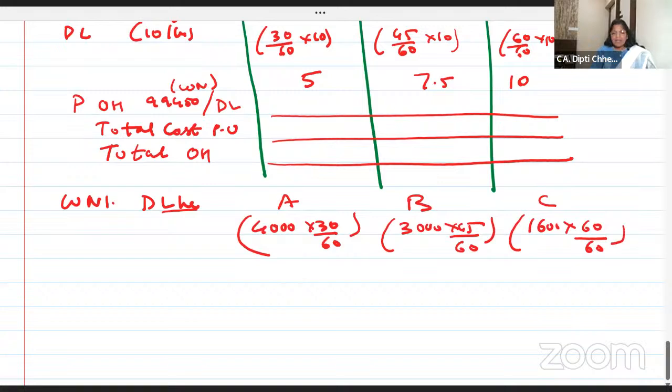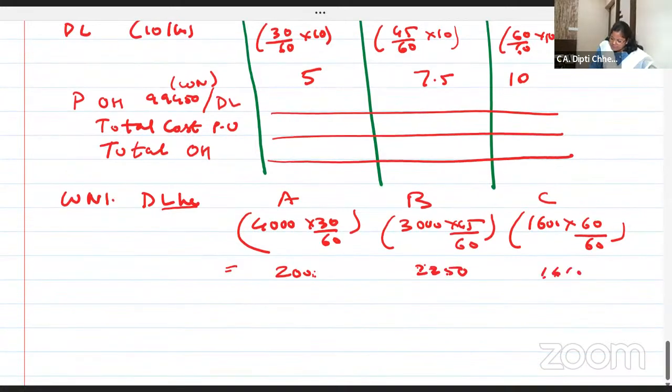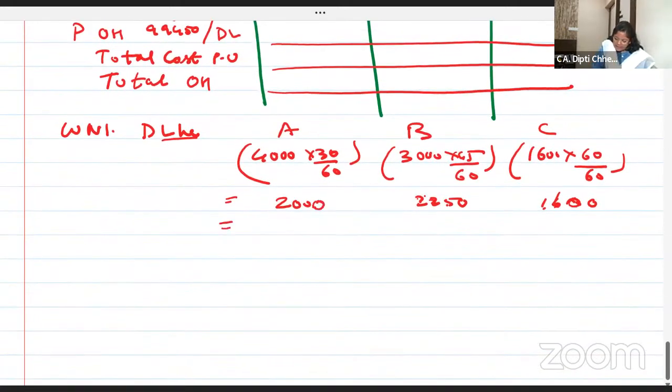Are you all with me? One unit requires 60 minutes by 60 hour, meaning 1 hour. So how many hours will 1,600 units take? We can get now: 2,000. 3,000 into 45 divided by 60 is 2,250. And this is 1,600. Okay. Is my writing clear? Volume, screen, are you able to follow with me?